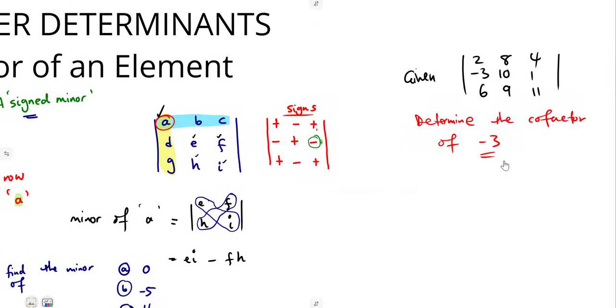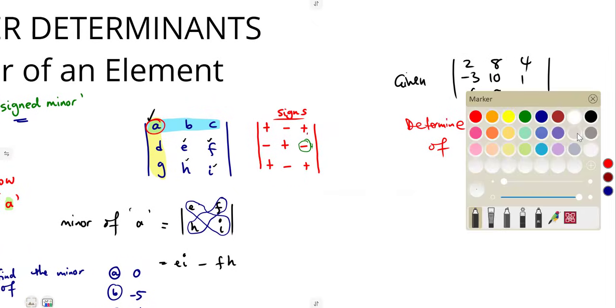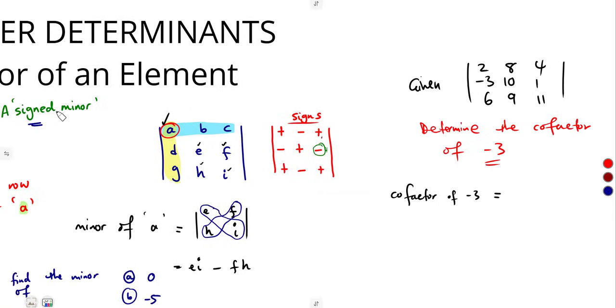So the cofactor of negative 3 is a signed minor for that. So we are going to say the cofactor of negative 3 is equal to, a cofactor is a signed minor.